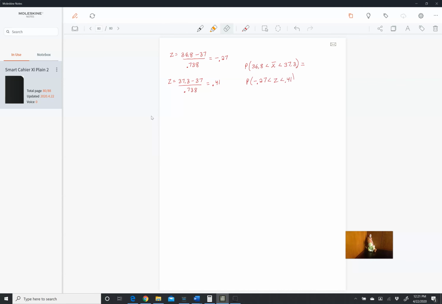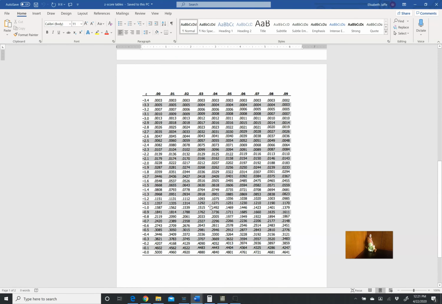So this should look really familiar because we did this before. So we go to our z-score chart, okay? We have to start with the bigger one, right? We have to start with the probability of z is less than 0.41. And then we'll go to the negative 0.27.